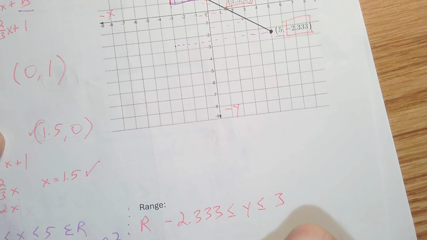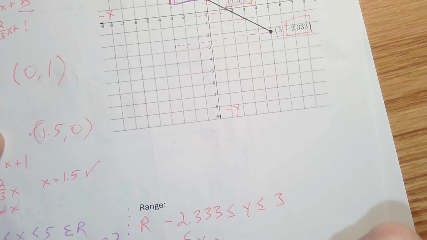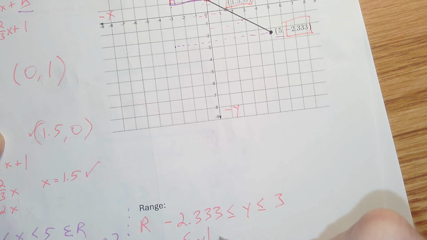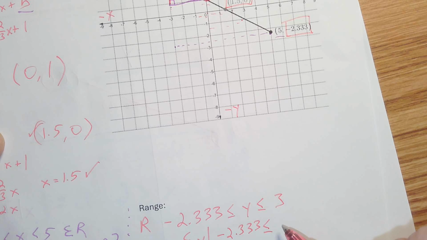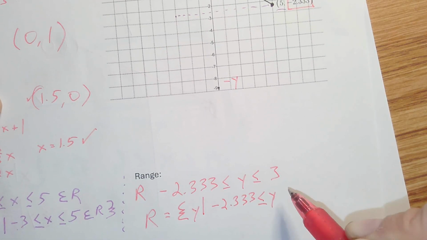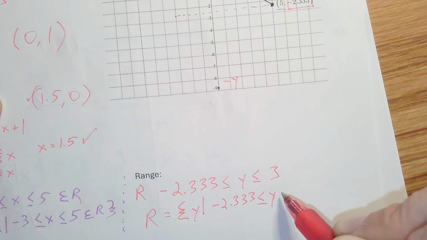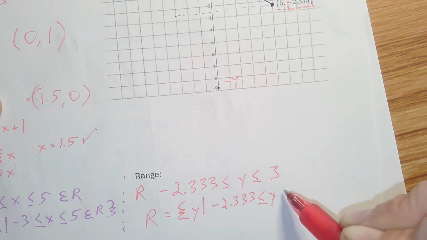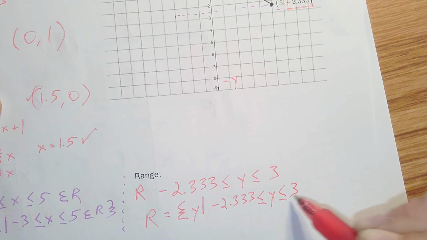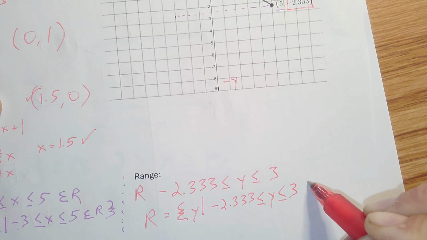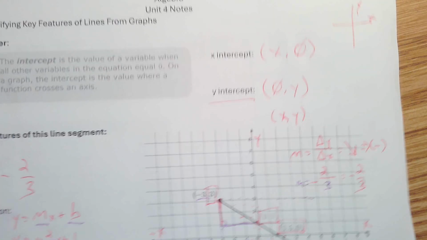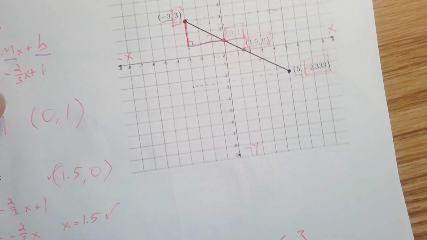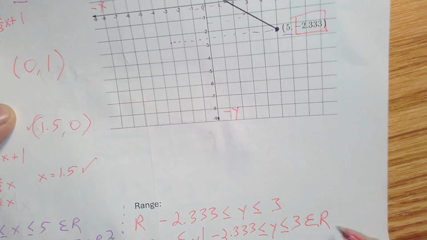So our range equals the set of all numbers y such that y is greater than or equal to negative 2.333, but less than or equal to 3, and is an element of all real numbers.